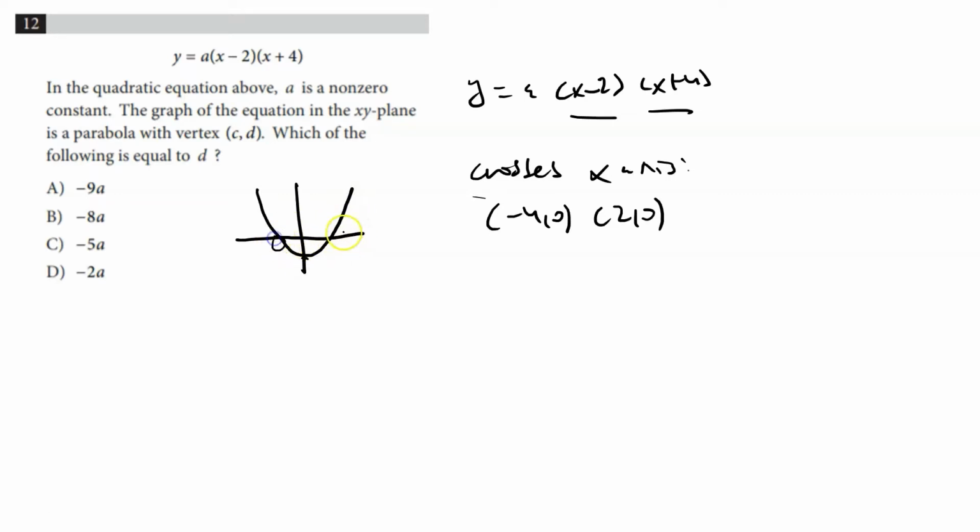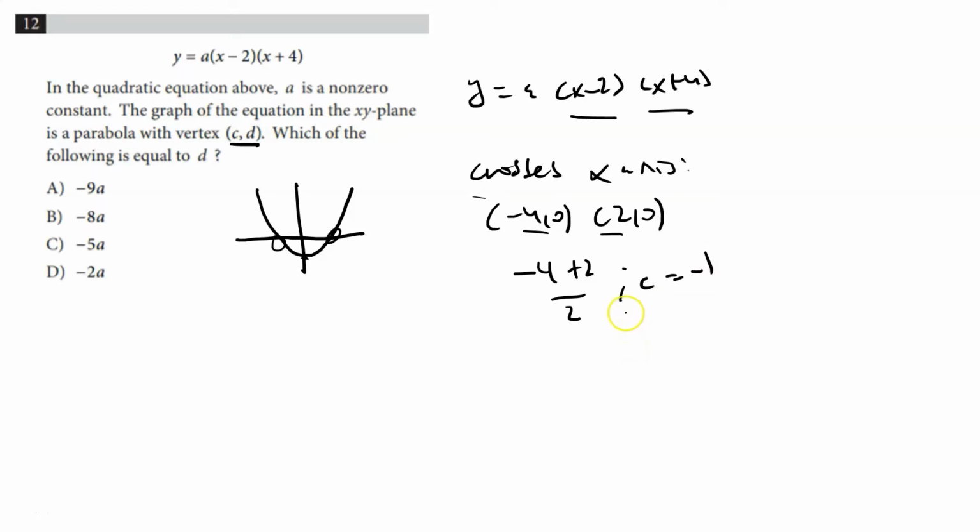So the x-coordinate of the vertex, the c value, is just the average of the points. So (-4 plus 2) over 2. That means c equals -1.